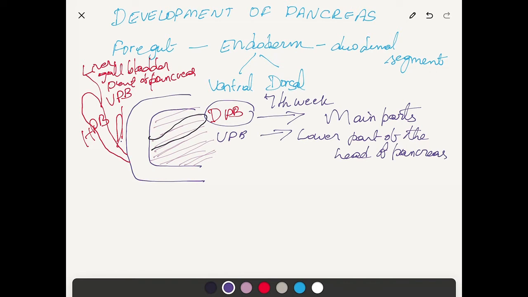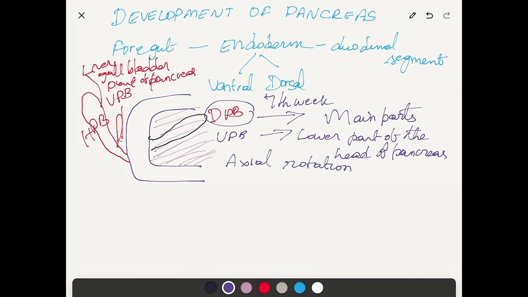Development of the duct of the pancreas. Before we start with the duct, how does the fusion of the two parts take place? This fusion takes place during the axial rotation of the second part of the duodenum.